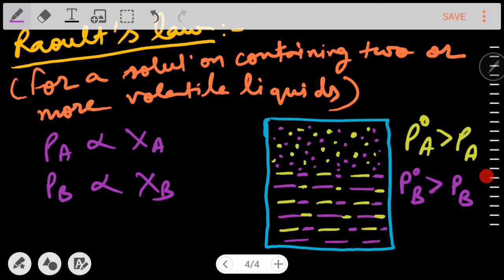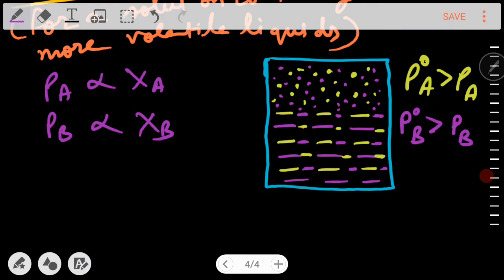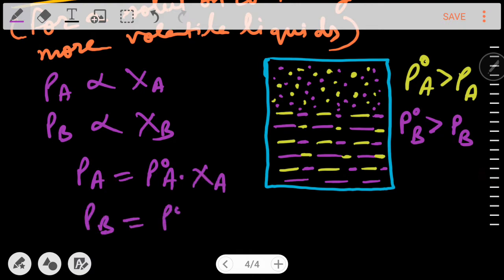So PA is directly proportional to XA and PB is directly proportional to XB. If you convert the sign of proportionality into equal to, you have to place a constant of proportionality. So PA becomes equal to P naught A into XA, whereas PB becomes equal to P naught B into XB.